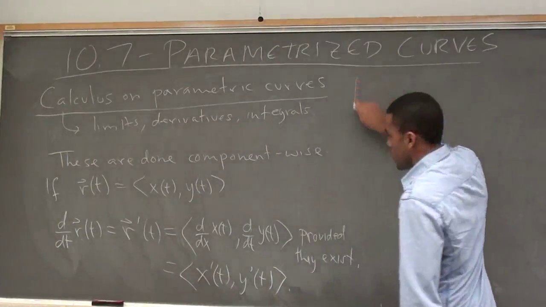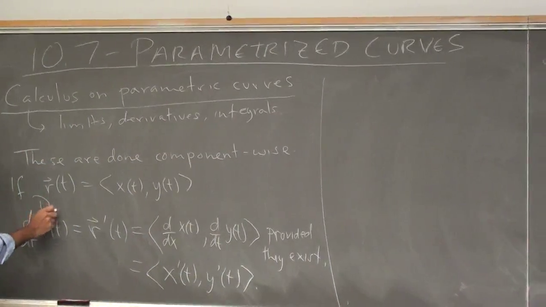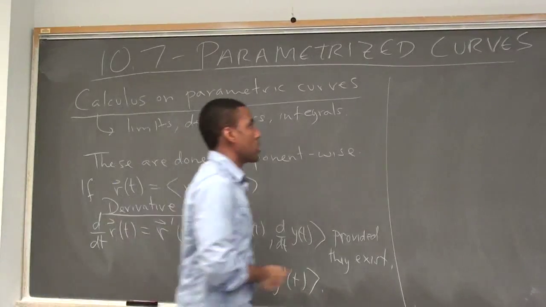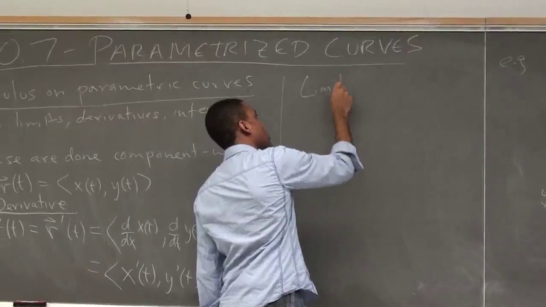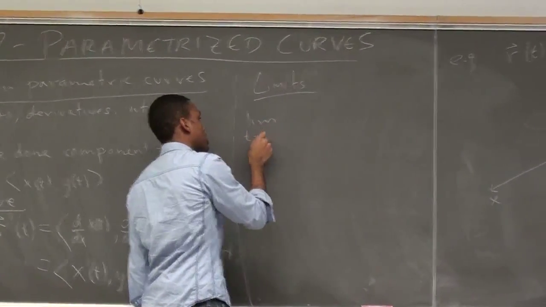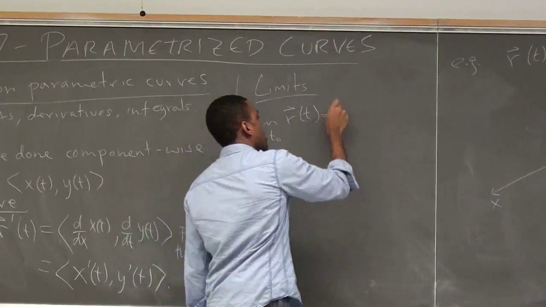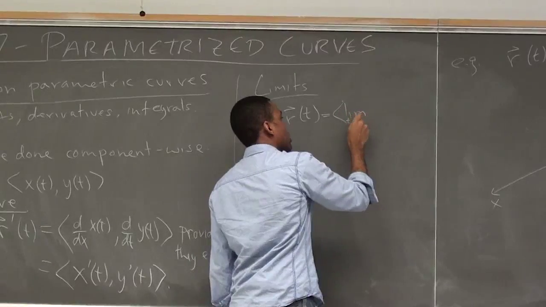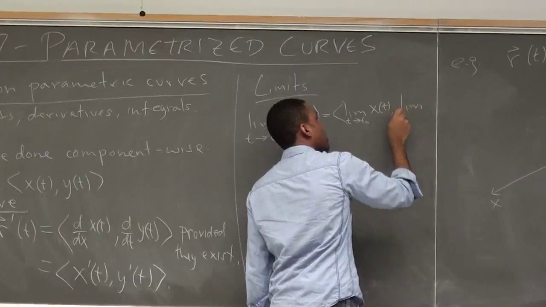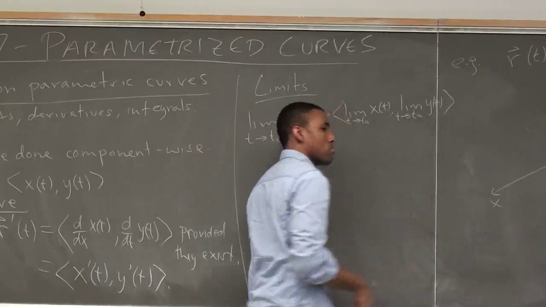Right? So here I just wrote that derivative. I probably should have done limits first, but it's basically the same thing. If I say the limit as t goes to t0 of r(t), this is just the limit as t goes to t0 of x(t), and the limit as t goes to t0 of the other components. Right?